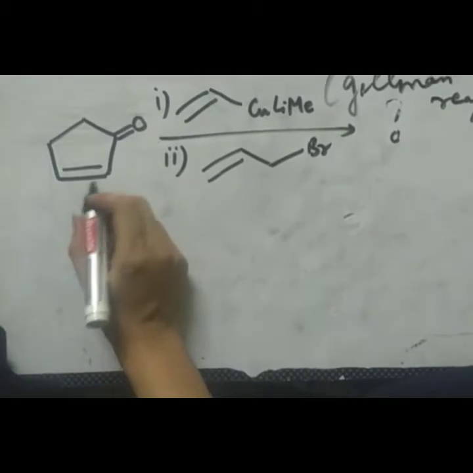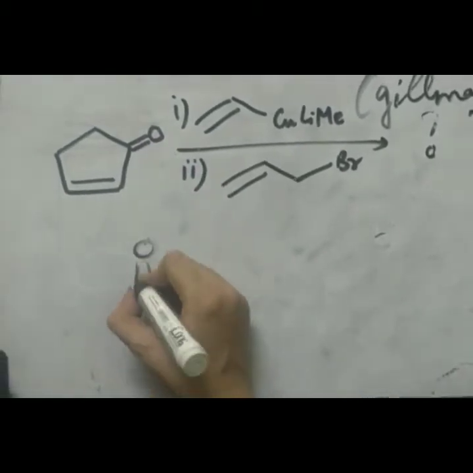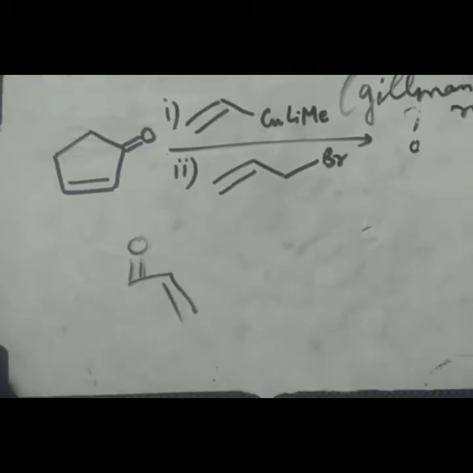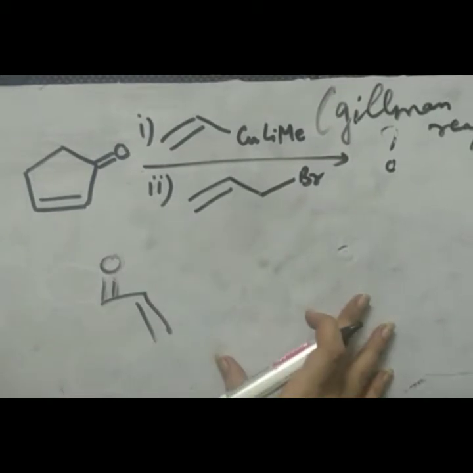See, whenever we have this type of structure, that means carbonyl adjacent to a double bond, okay, alpha beta unsaturated carbonyl.